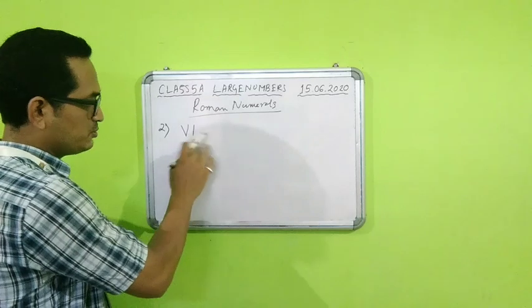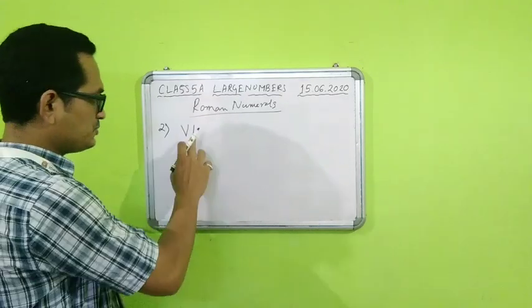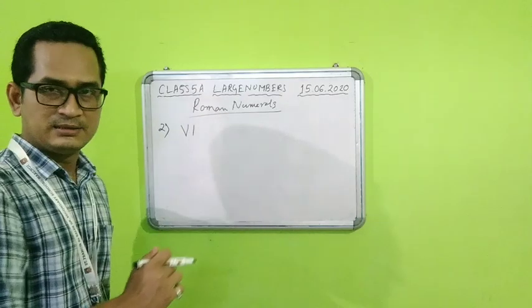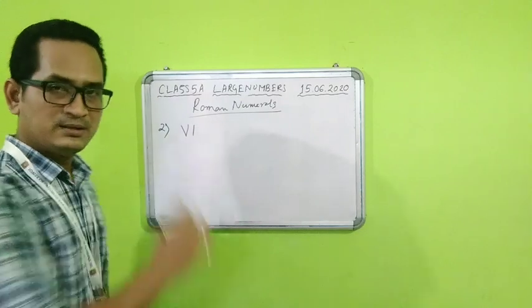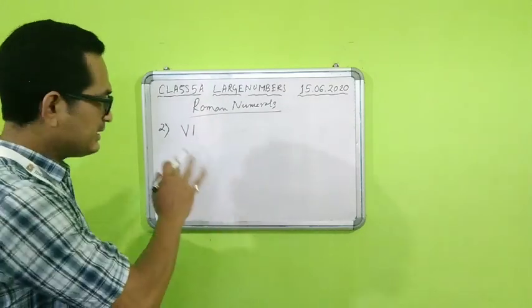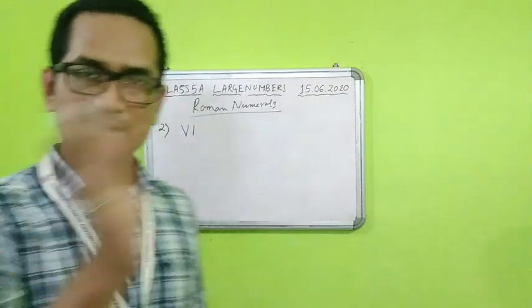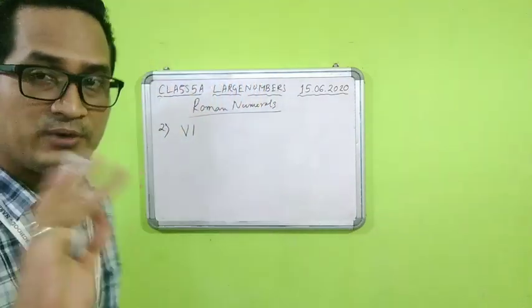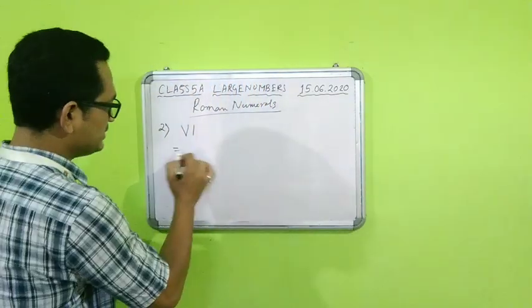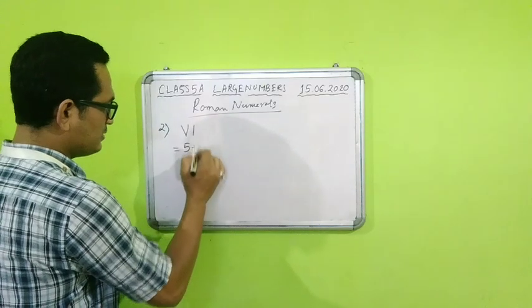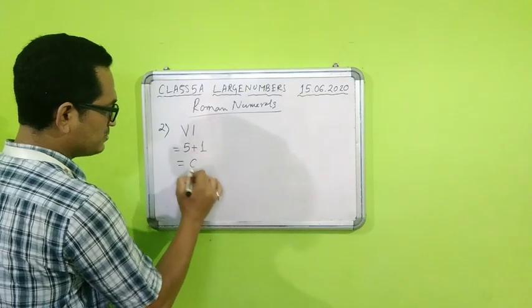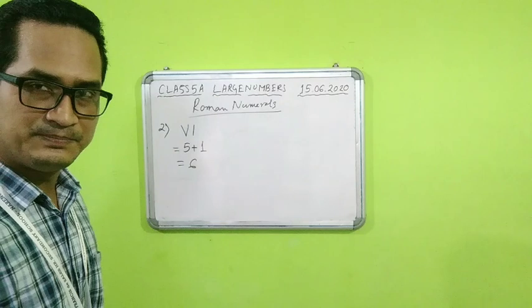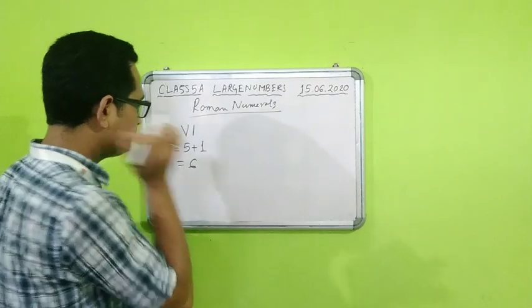So you see their positioning now. The smaller one is on the right hand side and the greater one is on the left hand side. In that case, when the greater one is on the left and the smaller one is on the right, you have to add both values. V means 5, I means 1. So 5 plus 1, how much is it? 6.